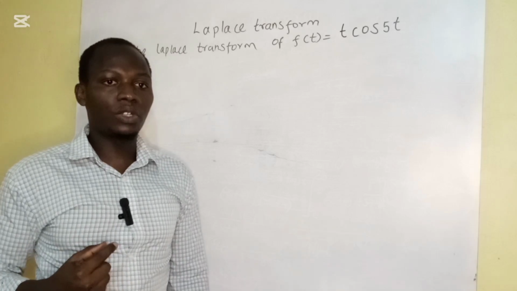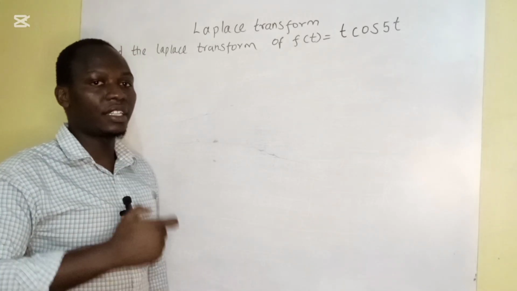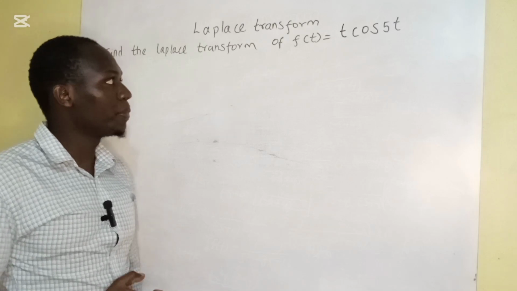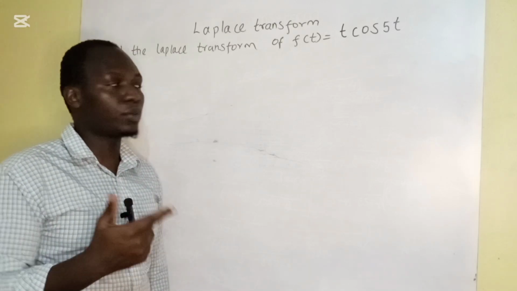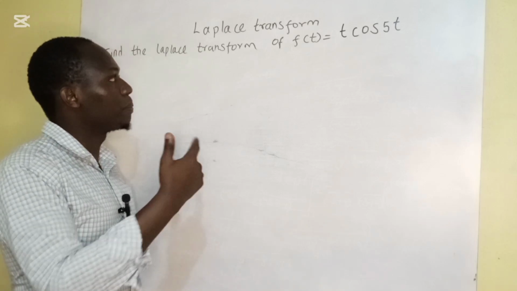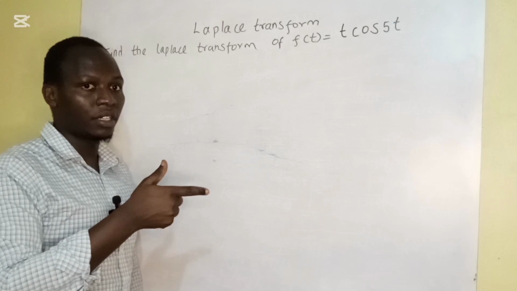Once you've mastered how to write the first principle formula, the second thing is how we are going to use the first principle formula in simplifying our Laplacian function given.